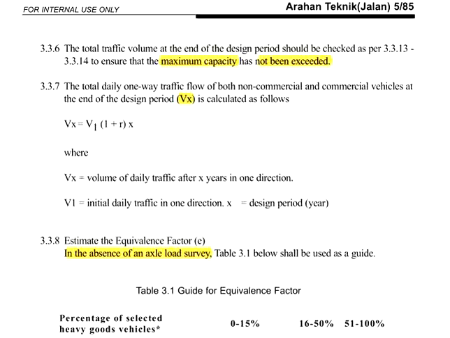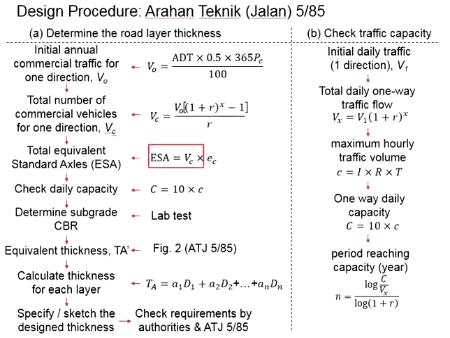Now, a pavement is supposed to be designed to be in good condition throughout that 10 years of design period without requiring any strengthening of the pavement. This is the ideal condition. That's why you need to calculate the ESA, get the CBR, and then design the thickness accordingly.